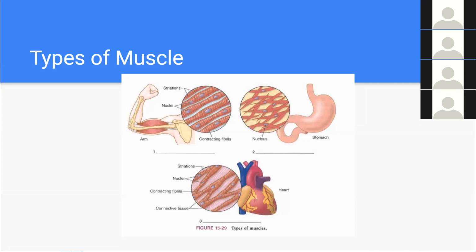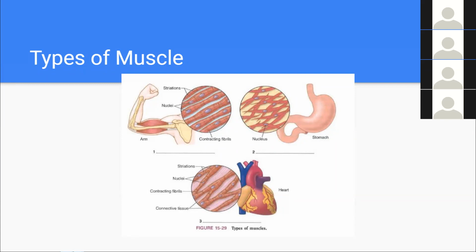I don't know. Okay, are you on page 614? Yeah. Okay, so you see the figure that has all the different muscles there, and then it starts with the writing in bold. What's the first word there? Smooth muscle. Smooth muscle, okay? So number 2 is smooth muscle.